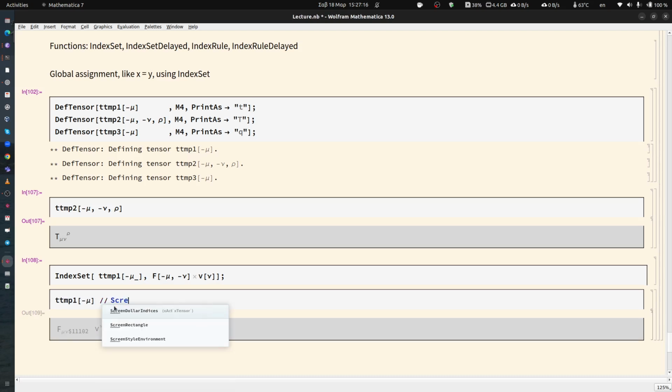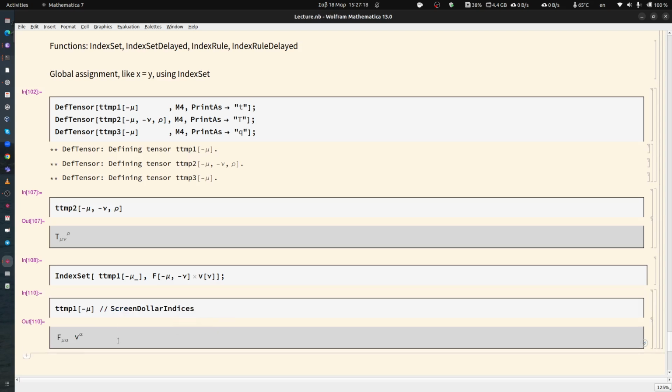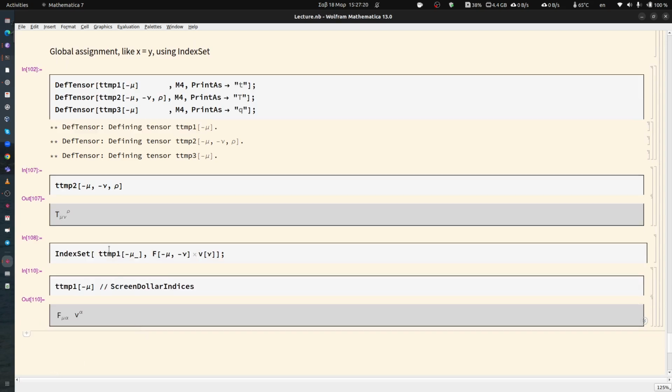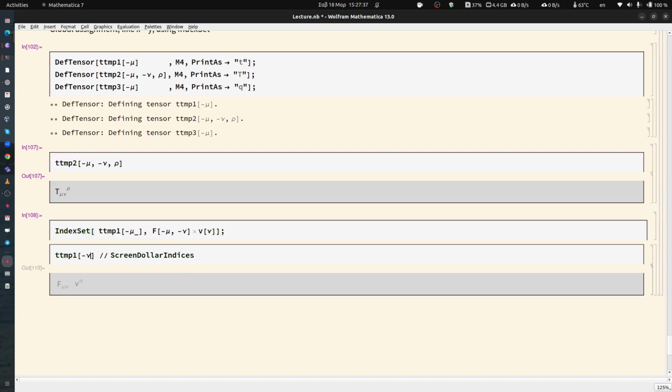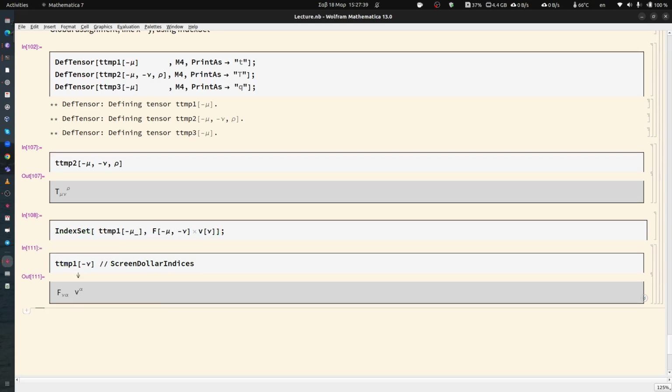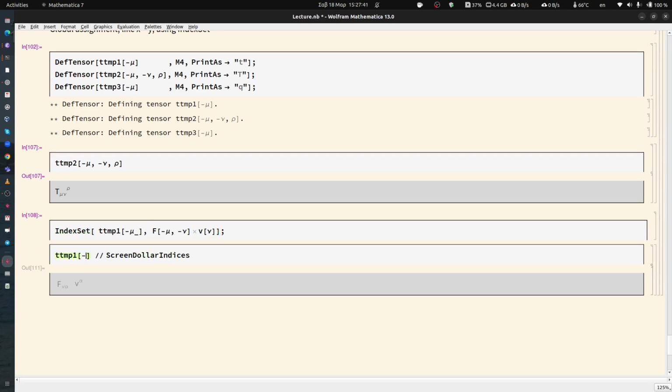Let's screen the dollar indices to have something more nicely looking. So you see that instead of T mu, we obtain the tensor that we used in this assignment function. And if we change the index, it will be also changed.